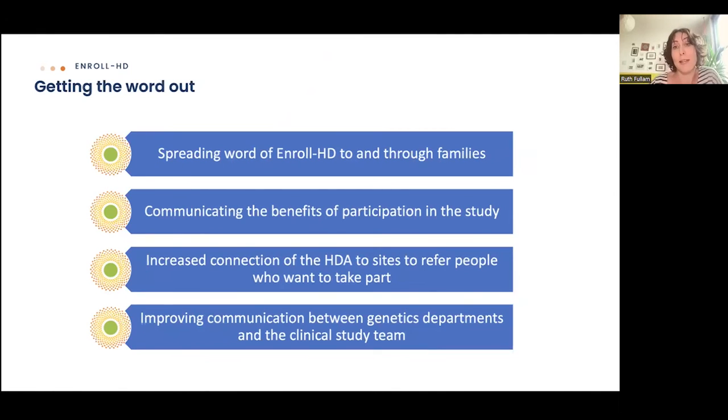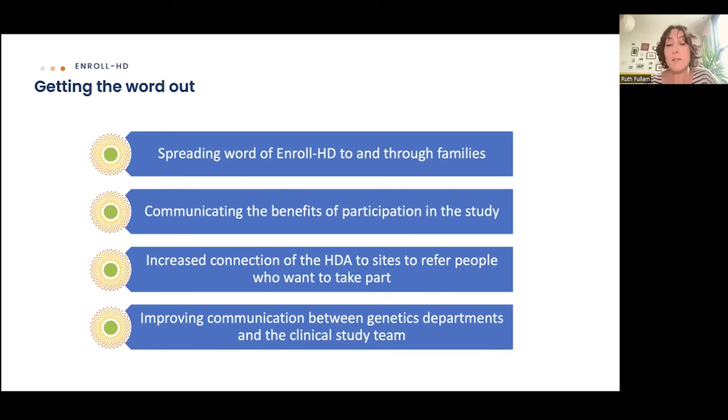Okay, so we would like to spread word of Enroll-HD to and through families. So, if you think there are people out there who might be interested in participating, tell them a little bit about Enroll, maybe show them this presentation. We would like to communicate the benefits of participation in the study.